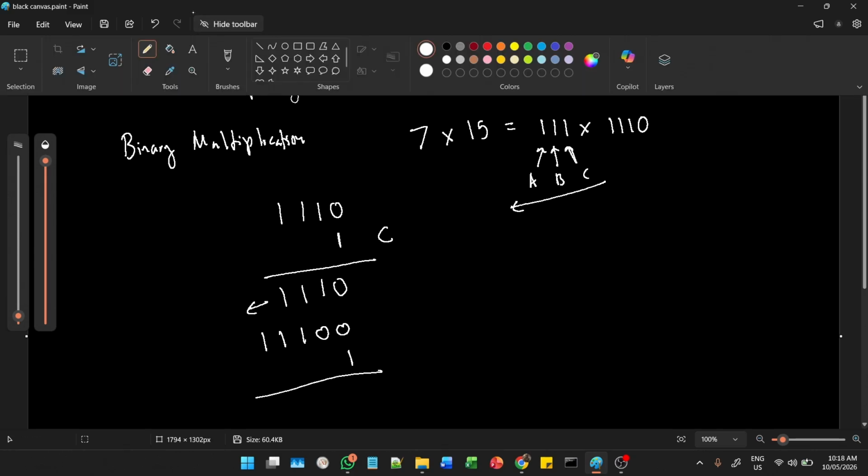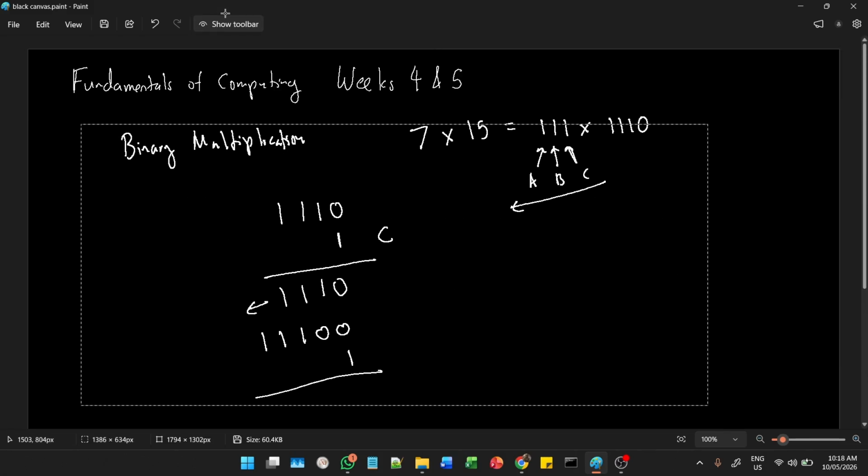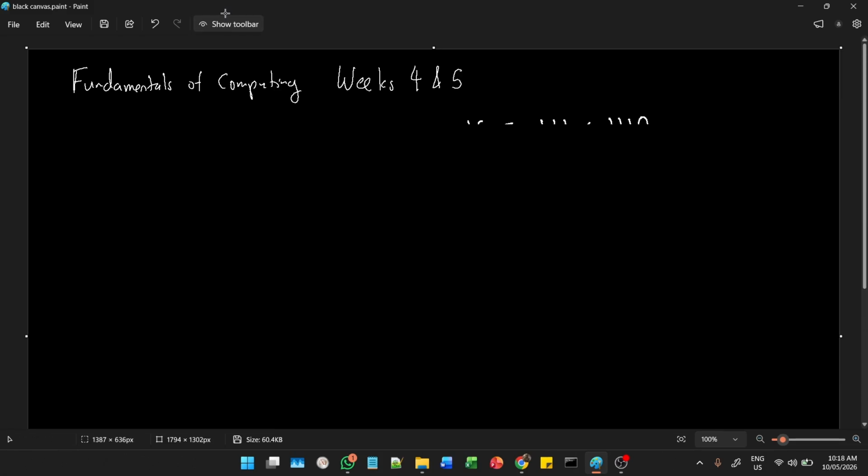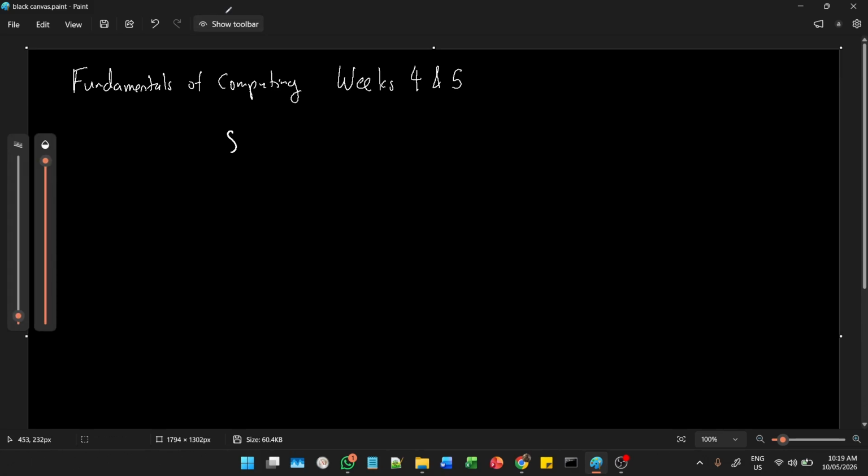But the why you need to know this here is simple, because you need to know the function of something called a shifter. So there are two shifters, obviously. You have a left shifter and you have a right shifter.